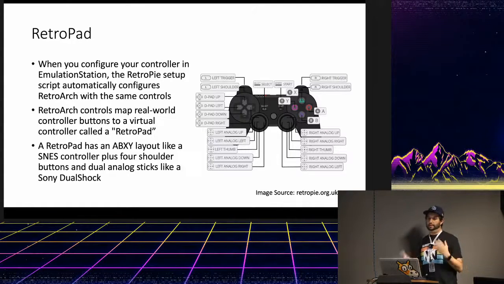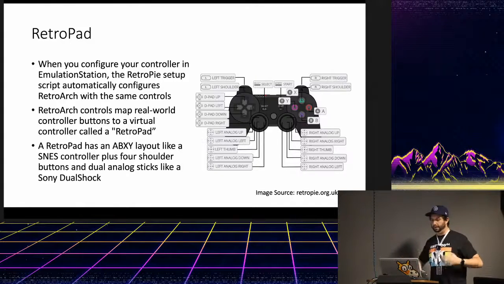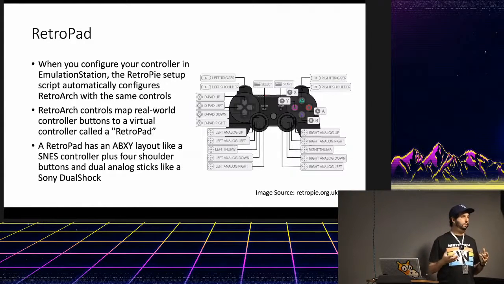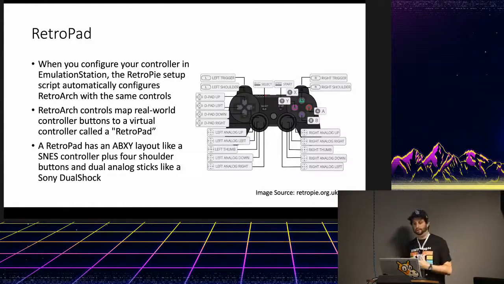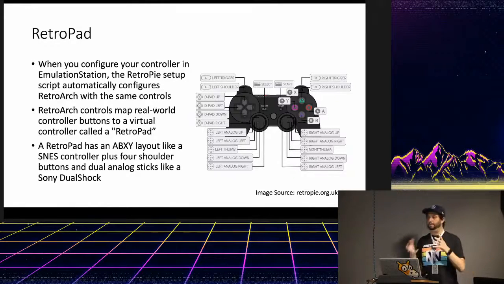And so what happens here with RetroPad is you configure your controller initially in Emulation Station, our GUI, and it automatically configures all of the different virtual consoles that you have, these emulators. And it maps those to the real world. So you only have one controller, but if you want to use 5 different systems, the pads are different on every console, right?